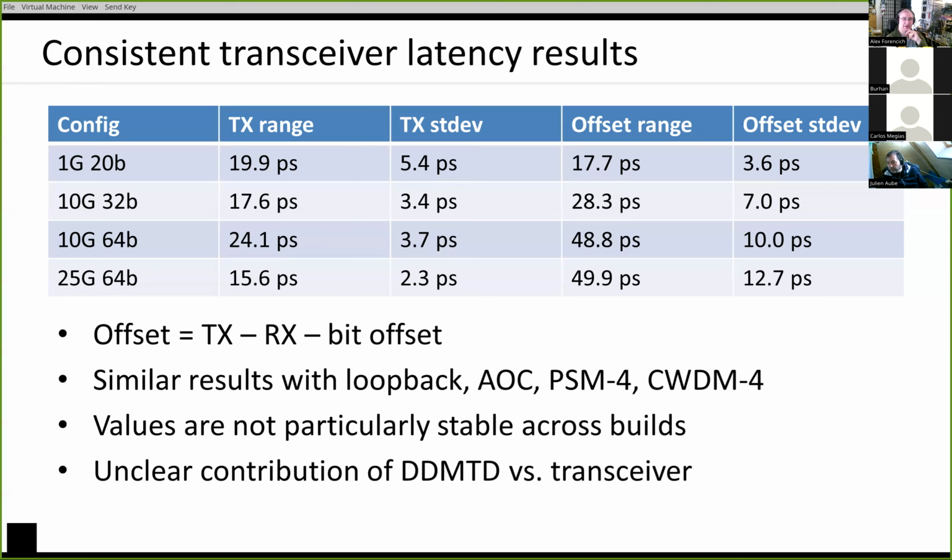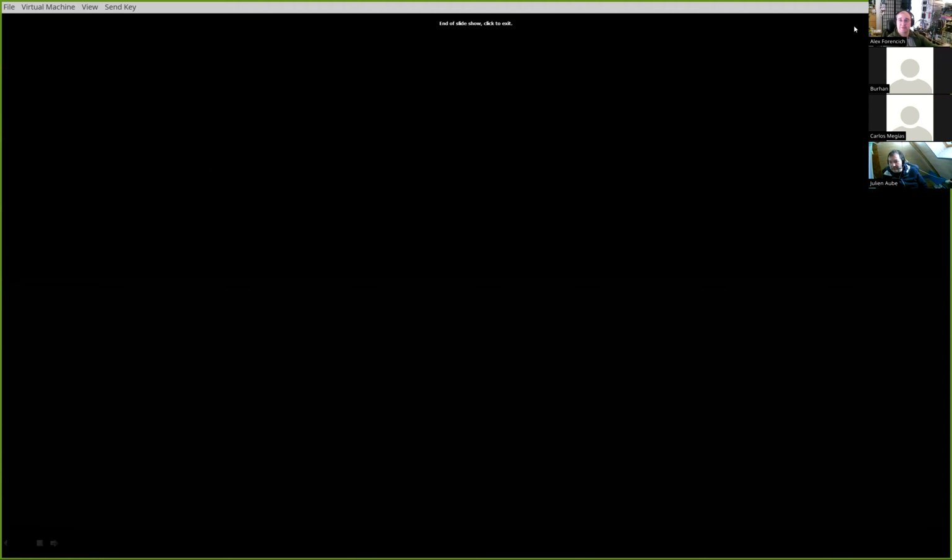Because I think to do a lot better than this, it's going to take significantly more engineering effort. And this is definitely a significant improvement over the current setup. So that's about all I got in terms of the latency stuff. If anyone has any questions or comments, feel free to fire away.